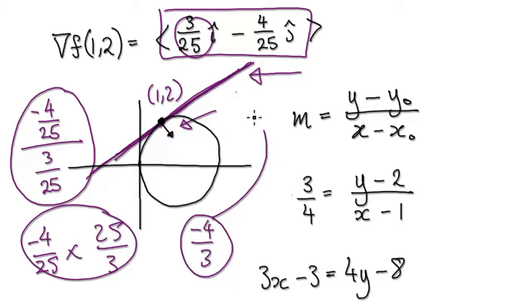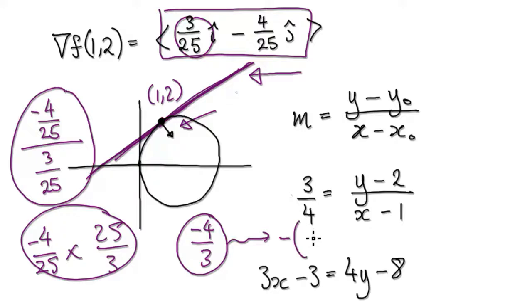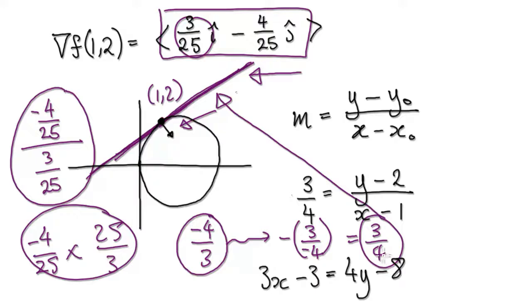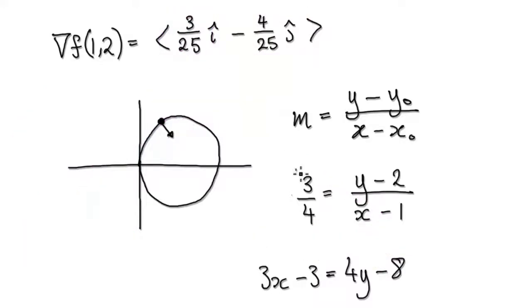If you want to know the gradient of the tangent line, you need to take the negative reciprocal of this. So let's take the reciprocal. That will then equal 3/4. So the gradient of our tangent line is 3/4.